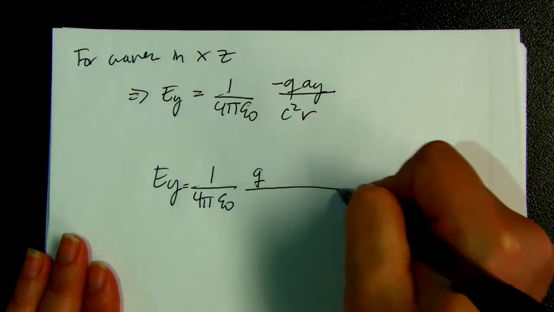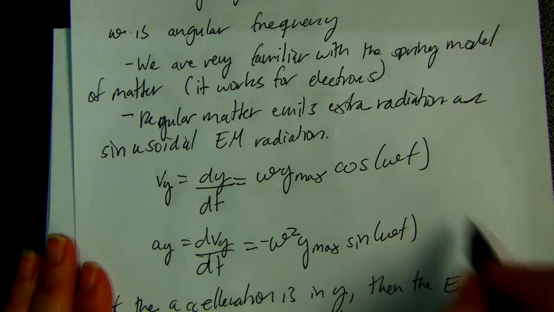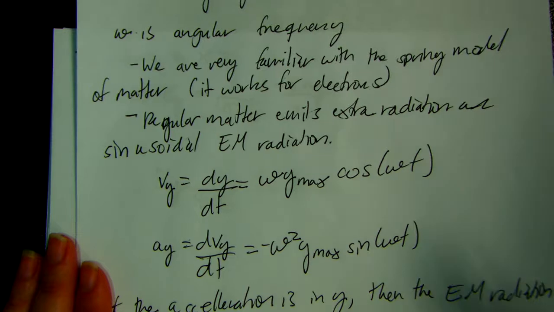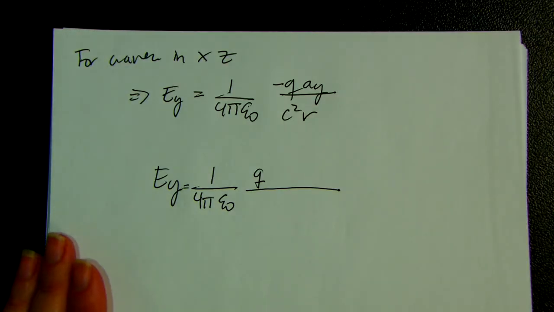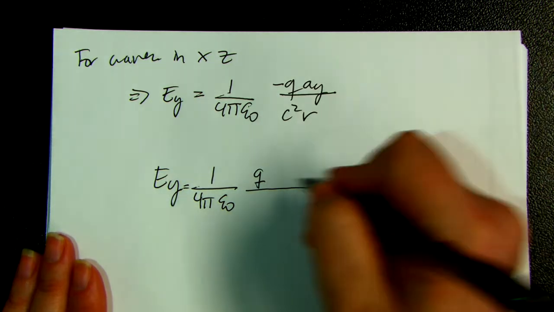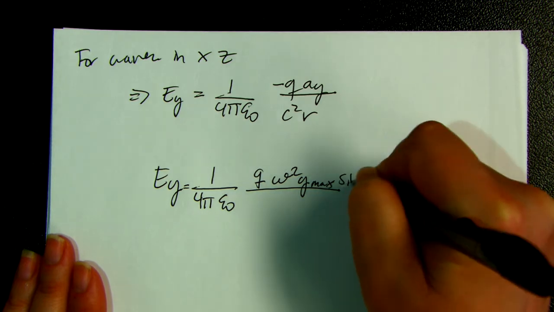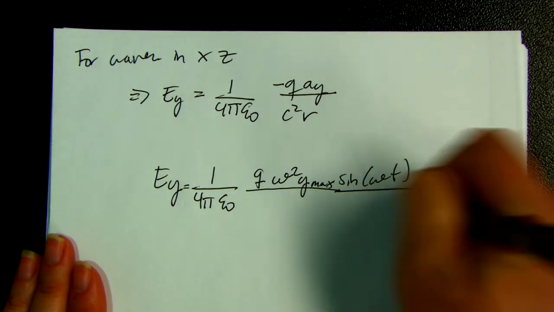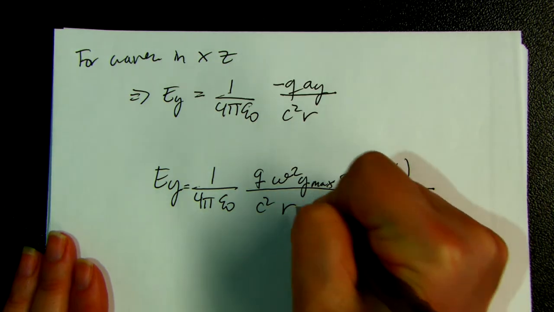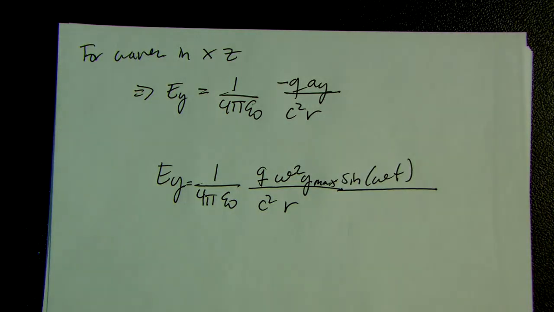Now we do have an expression for the acceleration in y. We did just derive it. Here it is. So there's nothing to stop us from just going ahead and subbing that in. And it's going to have a minus sign, so we're going to have two minus signs. They'll cancel each other out. So you get omega squared y max sine of omega t over c squared times r. And so now you have the expression combining everything we know.